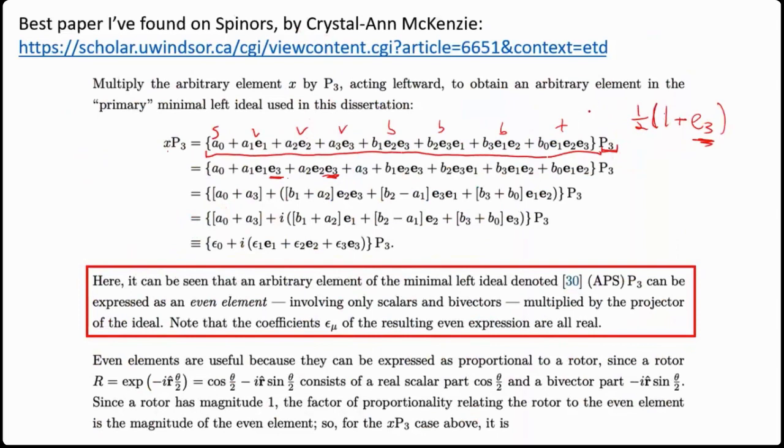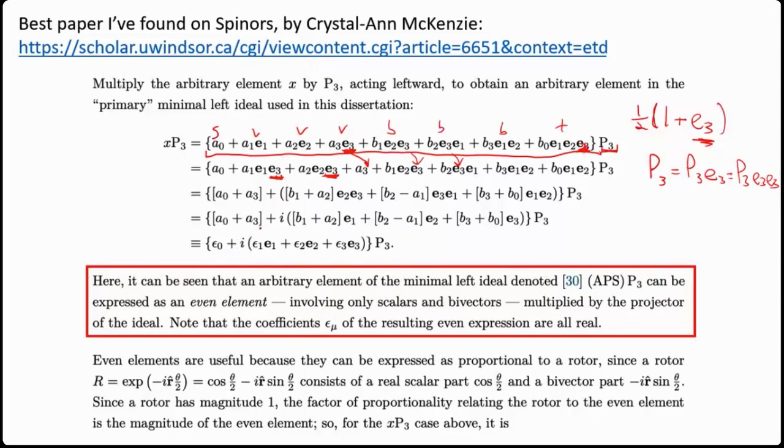Actually, I should say it can either make an E3 disappear or you can add new ones on, right? Because P3 equals, you can add as many E3s as you like. So when you multiply by P3, you can put E3s or take them out wherever you like. So here she's putting in E3s. Here she's actually getting rid of the E3. Here she just keeps it as it is. There she keeps it as it is. And then I think here she gets rid of it.